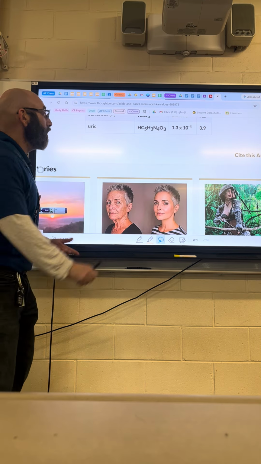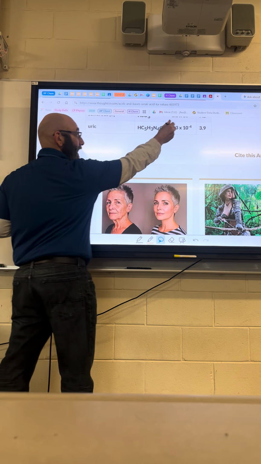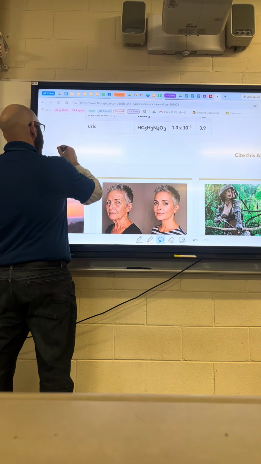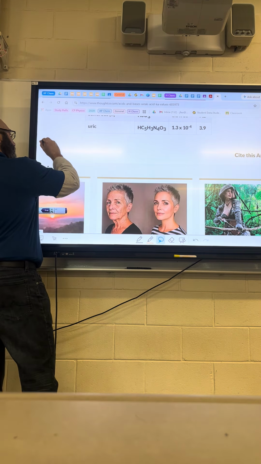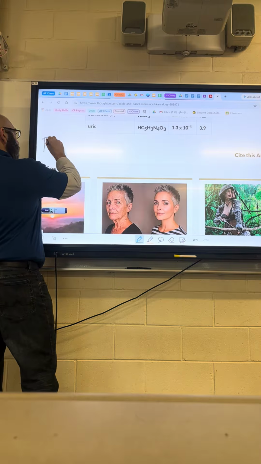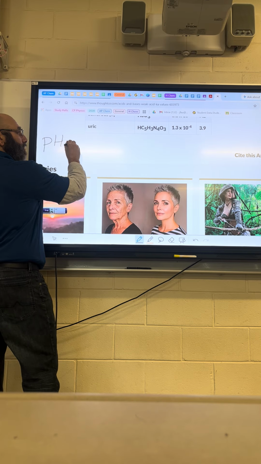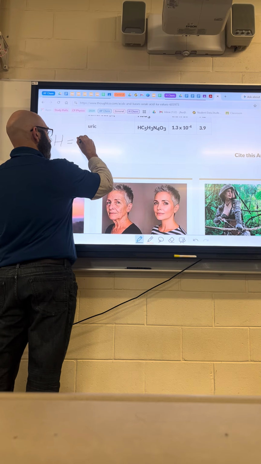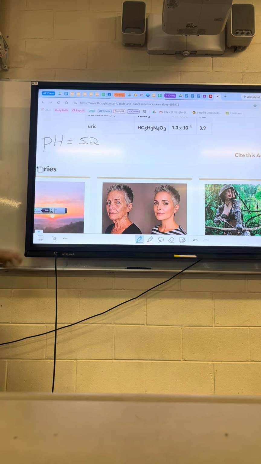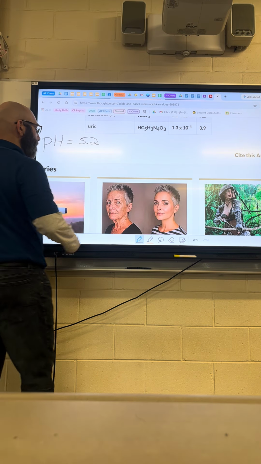All right, anyway, so we have uric acid. That's the Ka value. So here's my question for you guys. I have a sample of uric acid. Turns out my sample, the pH, is 5.2. So here is what I want you guys to find out.